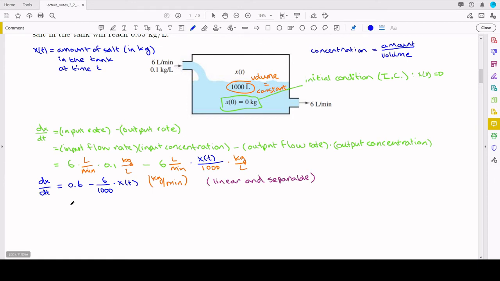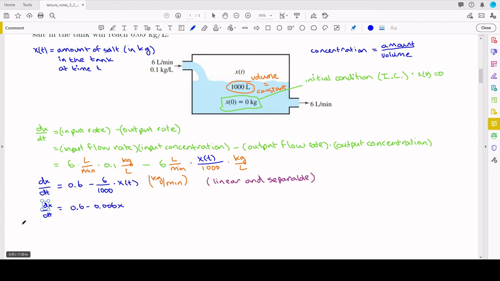Let's simplify it just a little bit more. So I have dx/dt equals 0.6 minus 0.006x, right?